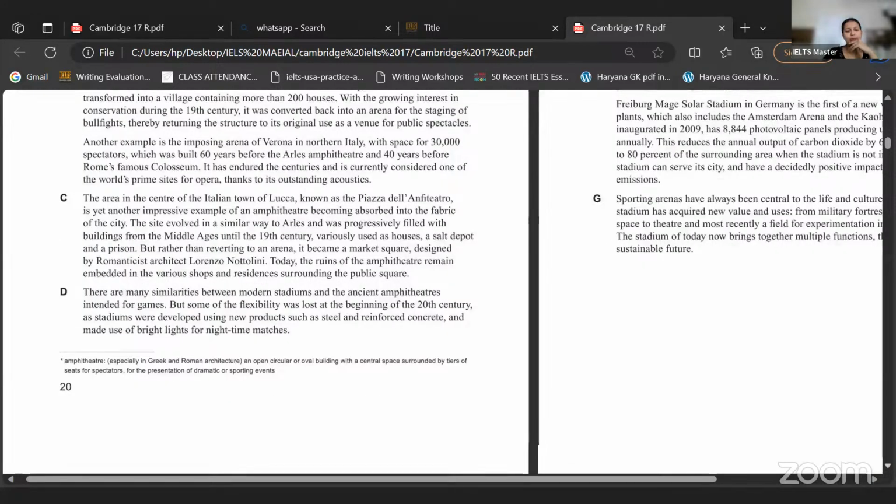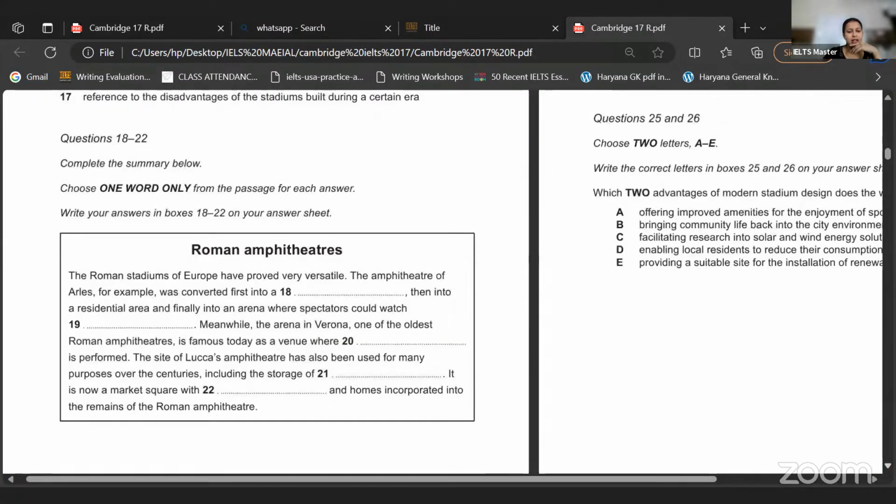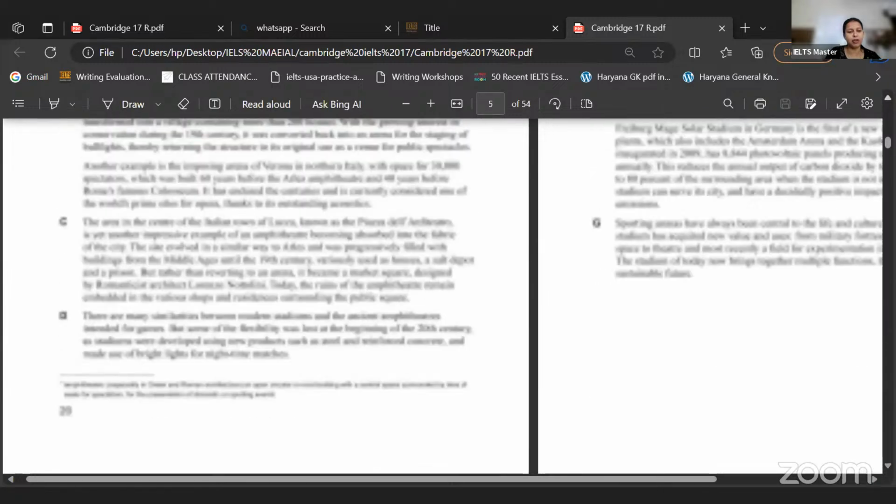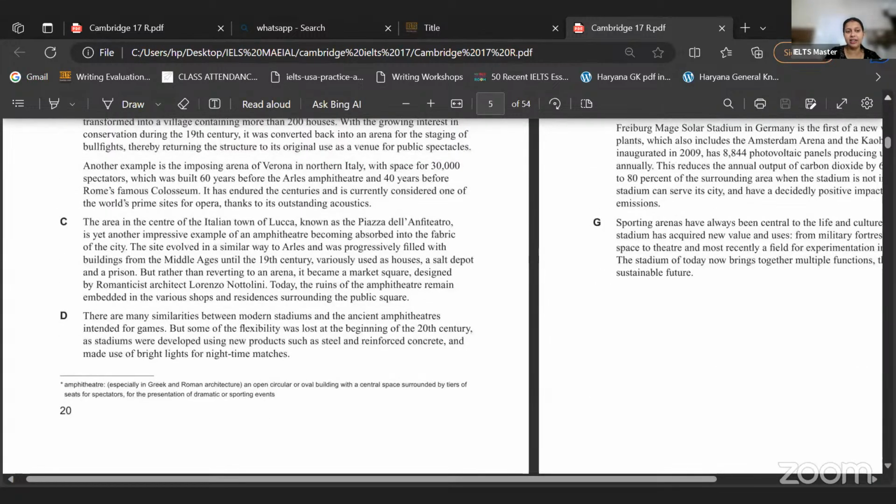So here you will be writing could watch bullfights. Meanwhile, the arena in Verona, one of the oldest Roman amphitheaters, is famously today as a venue where dash is performed. Arena, venue, always these are in sequence one after the other.